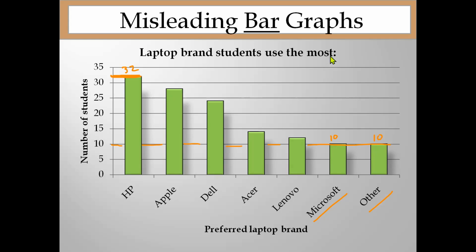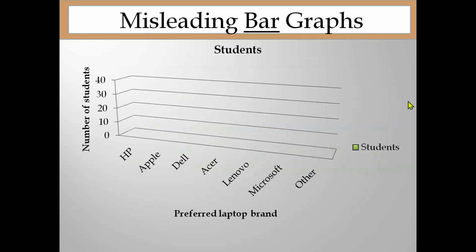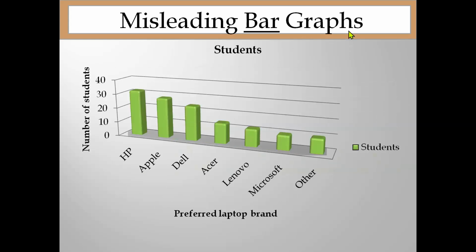Now let's alter the display of our graph using graphics and converting into three-dimensional graphs. And let's check out our frequency now. When we're looking at HP and its frequency, we can see that this is actually a lot further off than the intended data. This is a lot closer to 30.